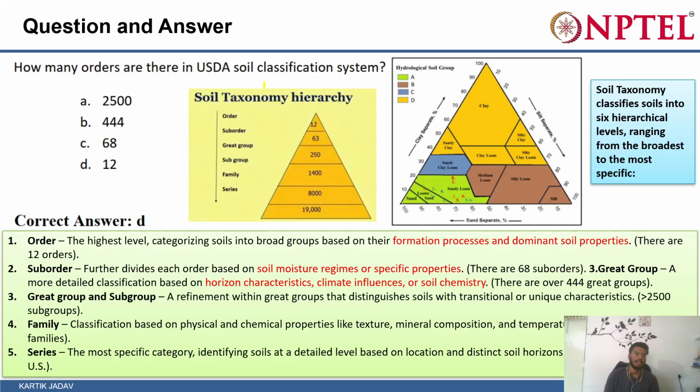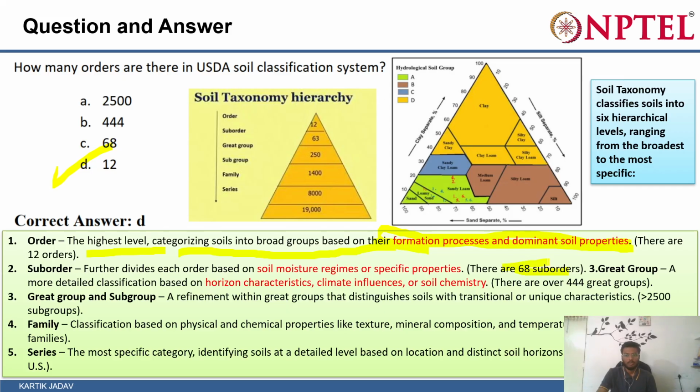Order is the highest level to categorize soil into broader groups based on formation processes and dominant soil properties. Then we have suborder, which further divides each order based on soil moisture regimes or specific properties. There are a total of 68 suborders.